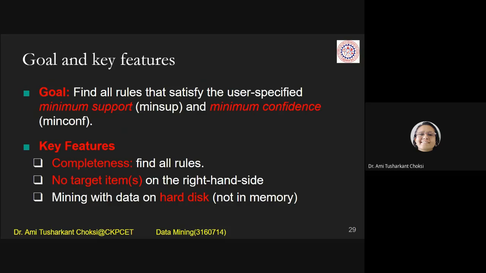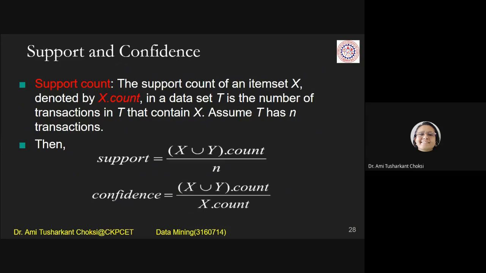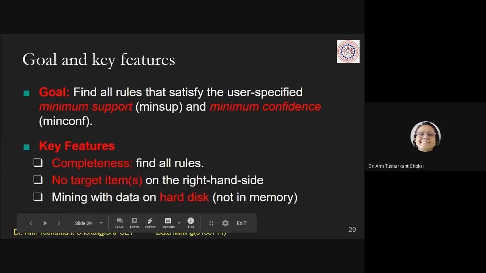So wherever the support and confidence cross, that is, are greater than or equal to the minimum support and minimum confidence, we can say the rule, for example X implies Y, is accepted.